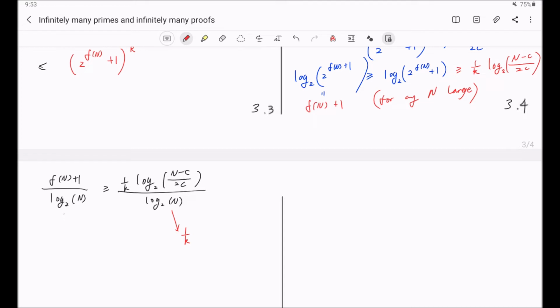But the left hand side, by our assumption that, remember, f of n divided by log base 2 of n equals 0 as little n goes to infinity, will converge to 0 as capital N goes to infinity.